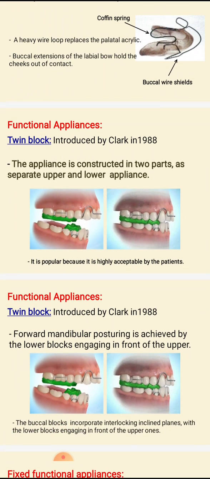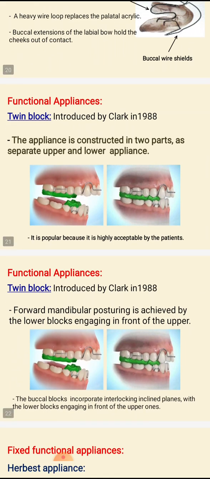A different functional appliance is the twin block. The twin block was introduced by Clark in 1988. This one is different from most functional appliances in that it is constructed in two parts. It's not a monoblock design. It is constructed as separate upper and lower appliances.